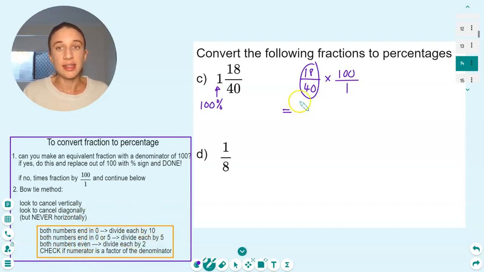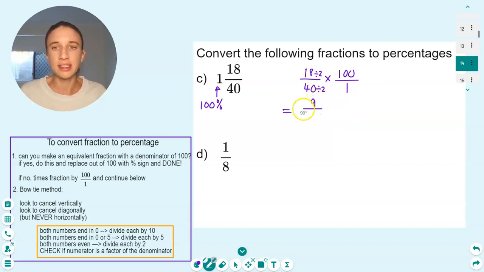I can see that the numbers are even, so I know immediately that 2 will go into each. So I'm going to divide top and bottom by 2 on this fraction. 18 divided by 2 is 9. So we can cancel and make it simpler before we times it by 100, because it's going to make a much bigger number and be harder to calculate without a calculator. 40 divided by 2 is 20.